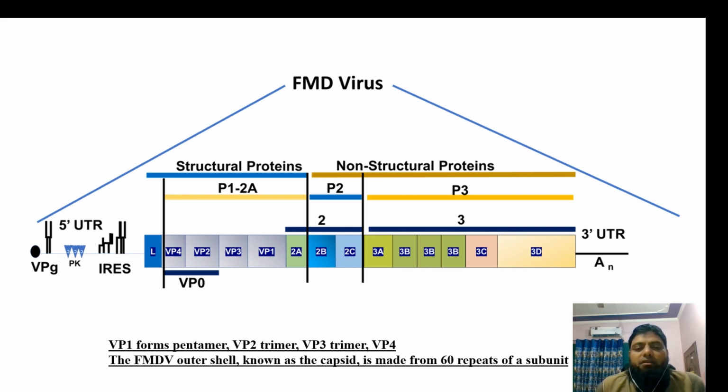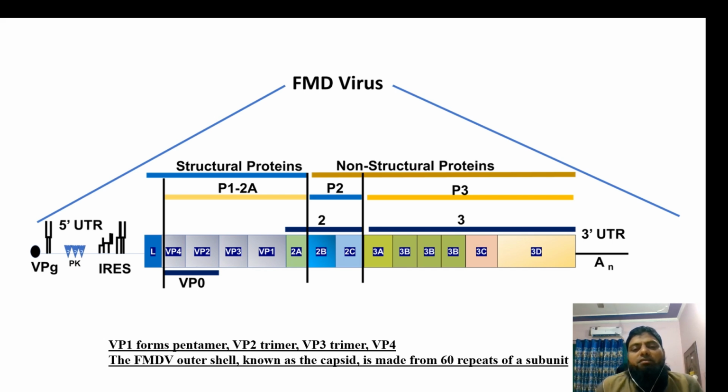So this is the arrangement of the FMD viral genome. Starting from VP4, VP2, VP3 from left to right, we have first the structural proteins and then the non-structural proteins. Then there is the function of the IRES, how it controls the host cell machinery to synthesize only viral proteins and not the host's own proteins.